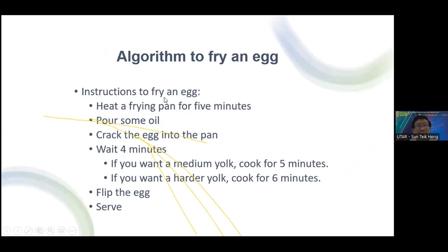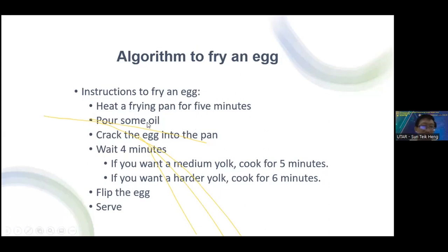As you can see here, the instructions to fry an egg: heat a frying pan for 5 minutes, pour some oil, crack the egg into the pan. You can see this step by step, very clear. First step, I heat the frying pan for 5 minutes. After that, I pour some oil onto the frying pan.